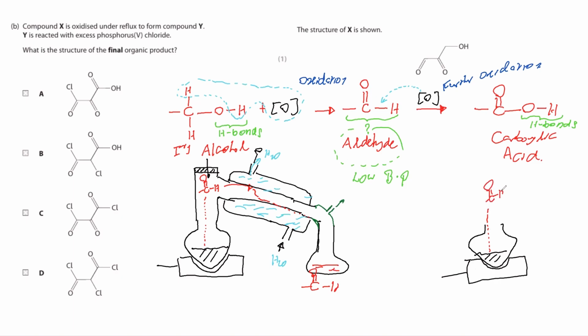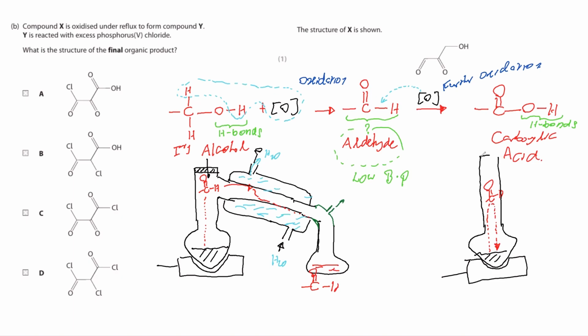But if you want the carboxylic acid, you want to make sure that this aldehyde goes down and reacts with this oxidizing mixture again. How am I going to make sure of that? Simple. Use the same Liebig condenser, but you fix it vertically like this.